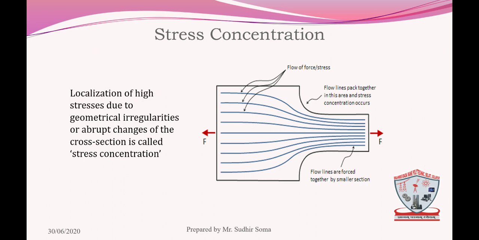During the design of any actual machine component, discontinuities are present in the machine part due to keyways, threaded holes, grooves and steps, which are functional requirements to perform their functions.